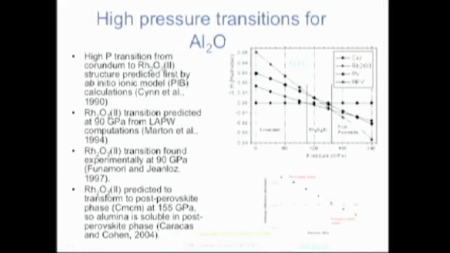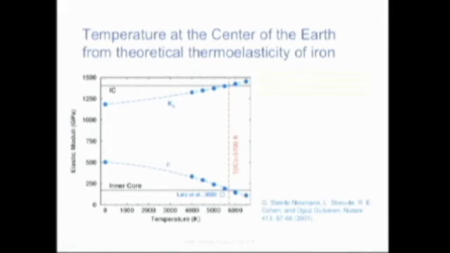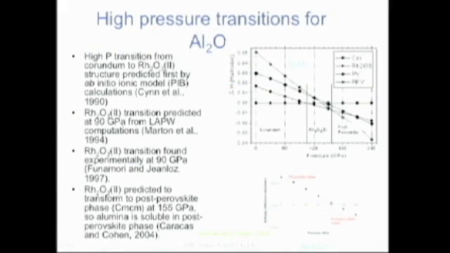I don't want to belabor this too much, but just another example is looking at another simple material. This should say Al2O3 up here, aluminum oxide. And using, again, just straight DFT, there were a series of different approximations done over the years, predicting high-pressure phase transitions, which were then observed in experiment.